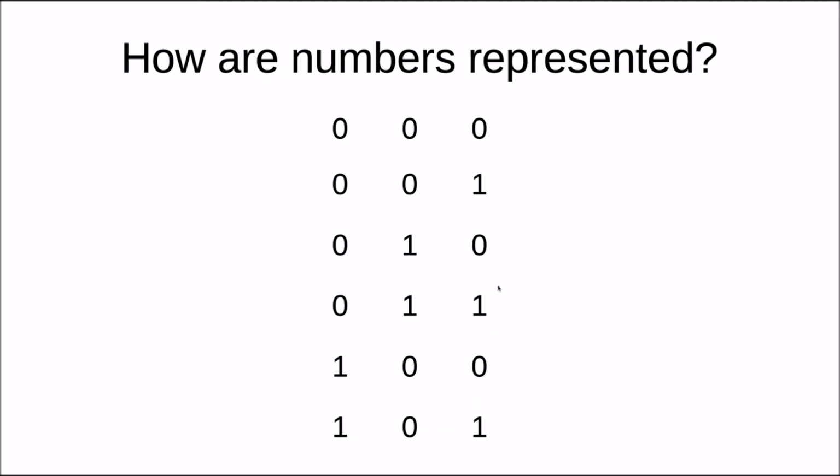Now, if you think in terms of decimal, we actually do the exact same thing. With the least significant digit, we start counting 0, 1, 2, 3, 4, 5 until we reach 9. We have no more values that we can represent with a single digit. So we take the next digit, turn it to 1 and start at 0 again.